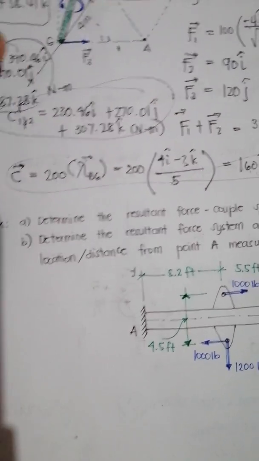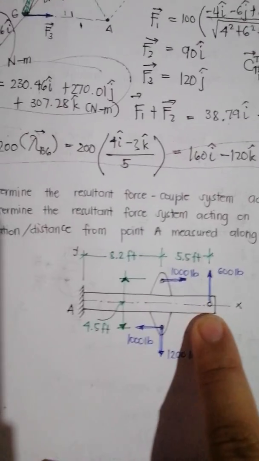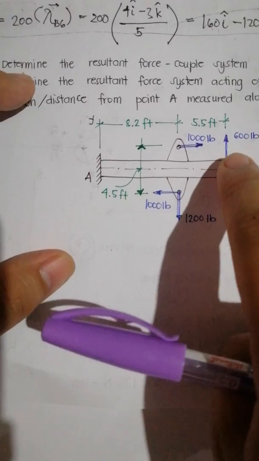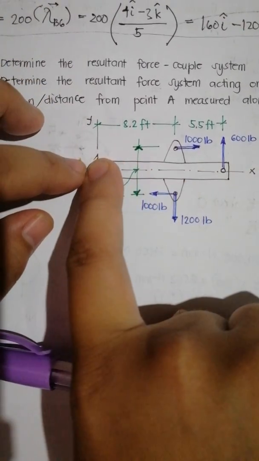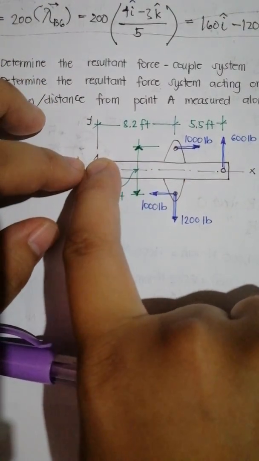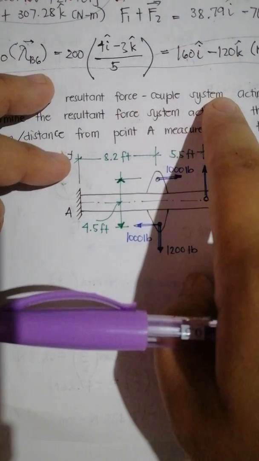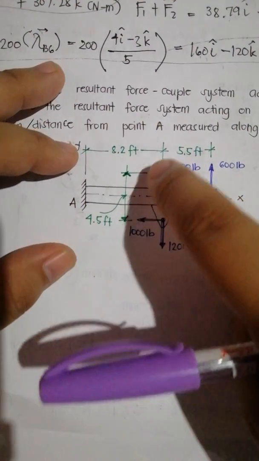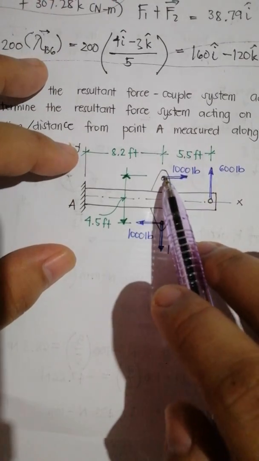Next example, for this given figure, we are going to determine the resultant force couple system acting on the beam at point A. So what will happen is we have to transfer all of the forces at point A. Okay? And then we'll get the resultant force couple system. Now, as you can observe in this system, we have one couple vector.